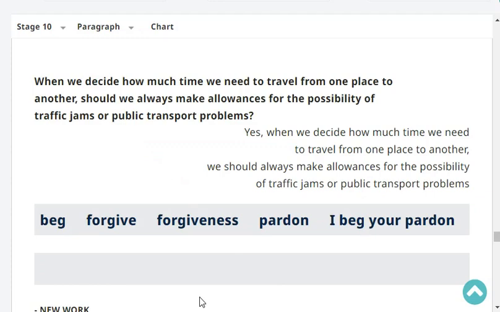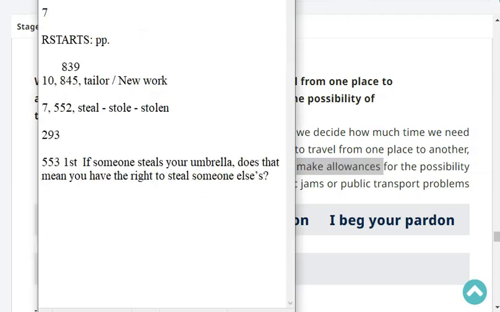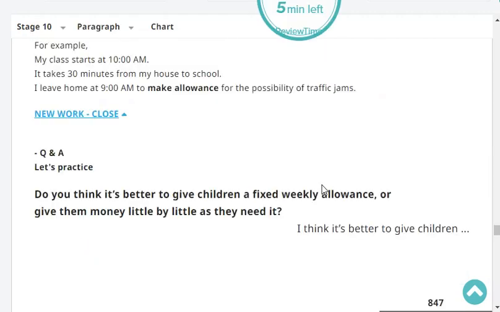When we decide how much time we need to travel from one place to another, we should always make allowances for the possibility of traffic jams or public transport problems. Very good.